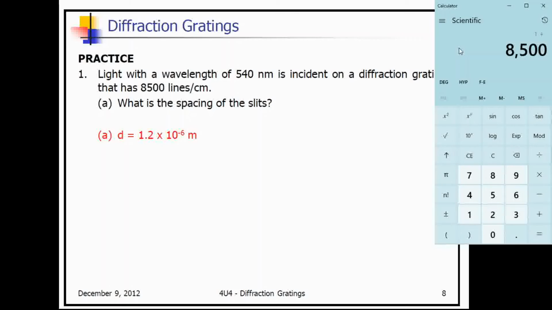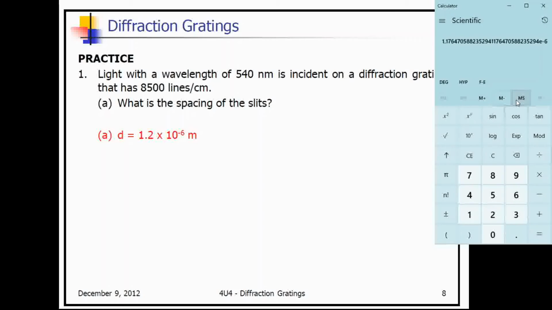I divide 1 by 8,500 and then divide by 100 because it's in centimeters. I get 1.17, or 1.2, times 10 to the negative 6. If I'm reporting this answer, I write down 1.2 times 10 to the negative 6.